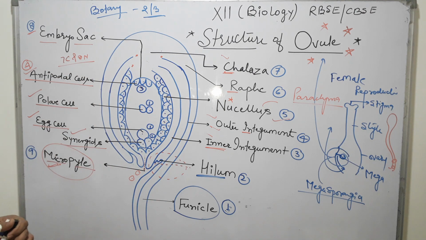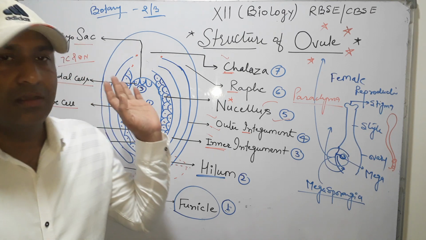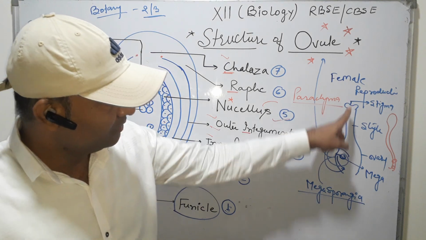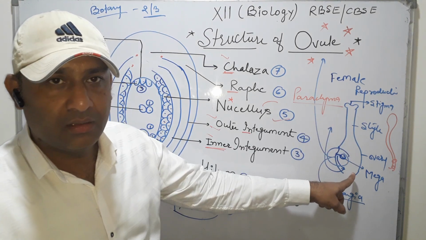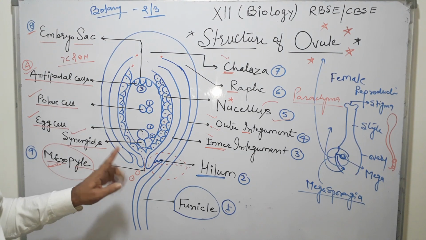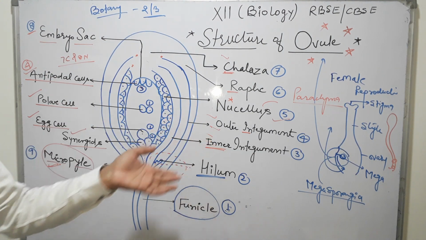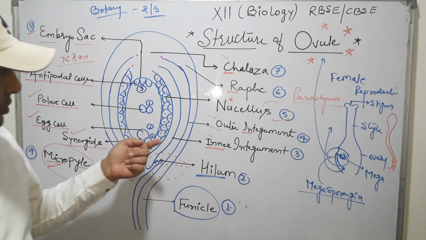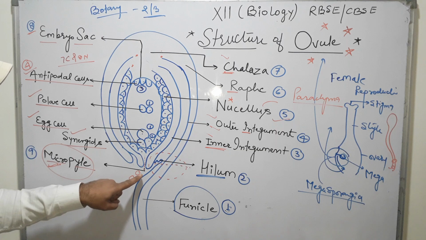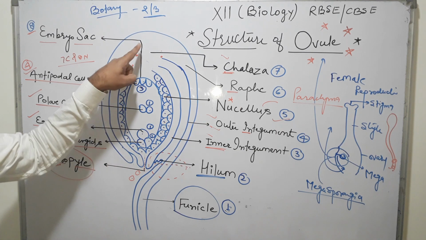Again, repeat. First of all, it is the angiosperm ovule. It is a part of the female reproductive system. It is present in the ovary. Clear? It is one type of ovule which is called anatropous ovule. We will discuss the other 5 different types of ovules. One of them is called anatropous ovule. In this anatropous ovule, the micropyle is present opposite to the chalaza.